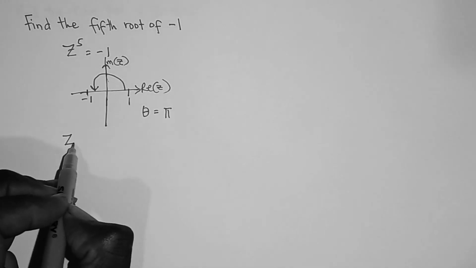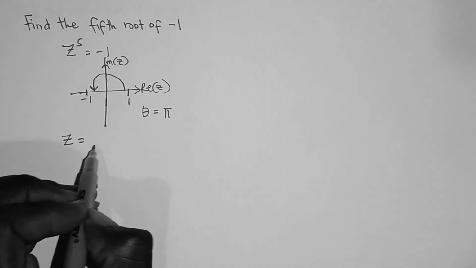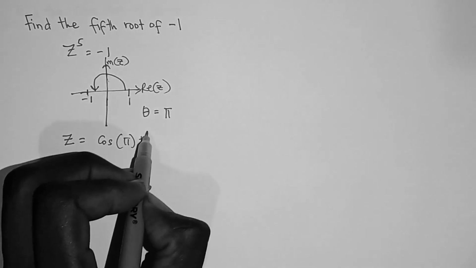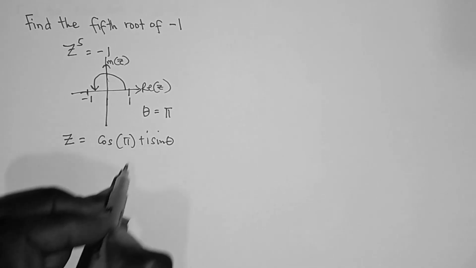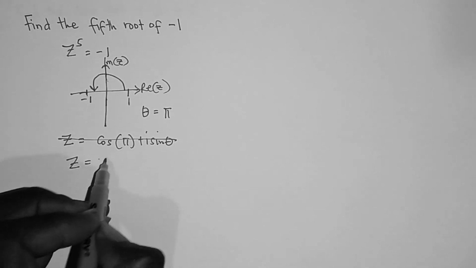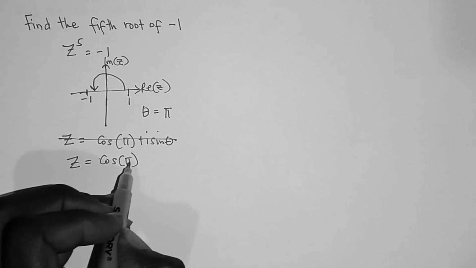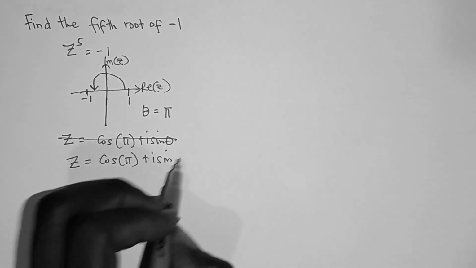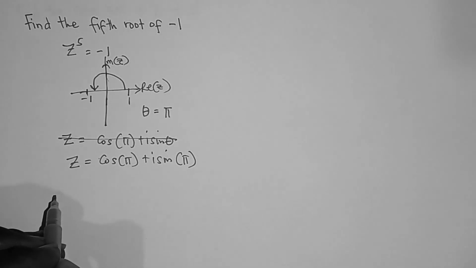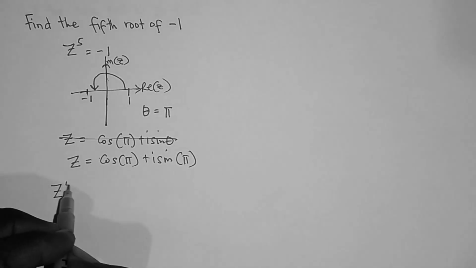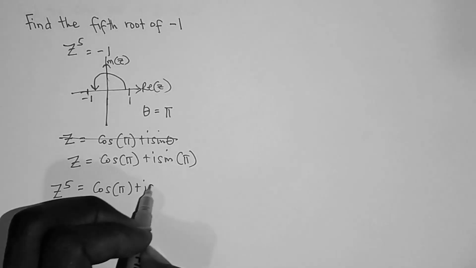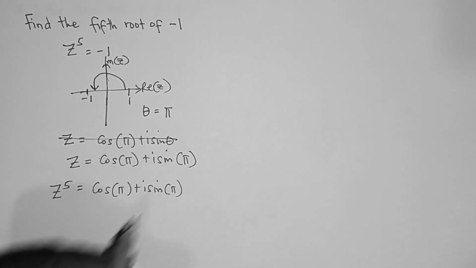So in terms of complex number, z is equal to cos pi plus i sine pi. So therefore, z exponent 5 is equal to cos pi plus i sine pi.